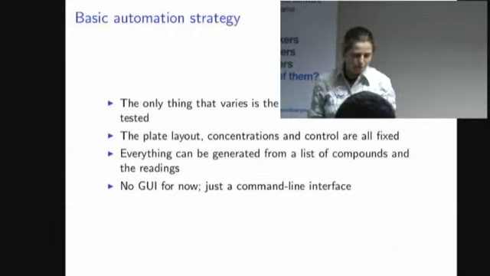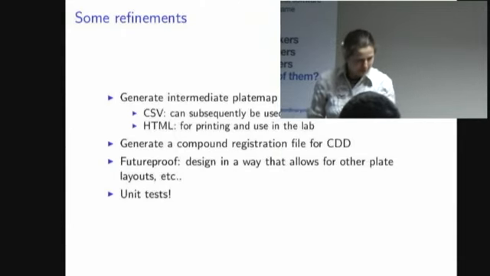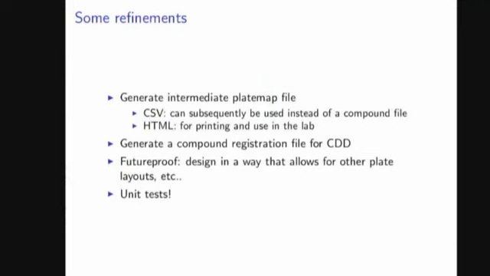And so to make the first script, we decided not to make a GUI or anything complicated, just a simple command line interface, mostly as a proof of concept that this would work. And as I went along, I introduced various refinements to the initial idea. So that plate map file that I showed you with the metadata, the script also generates that as an intermediate format.